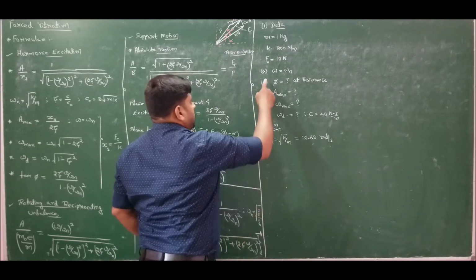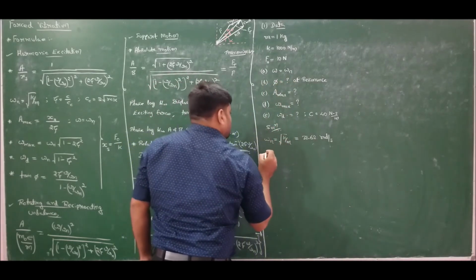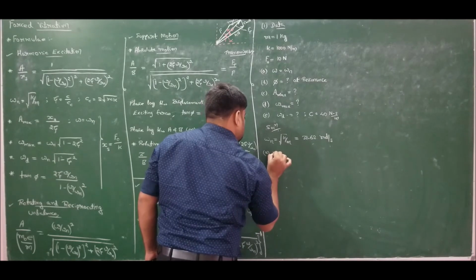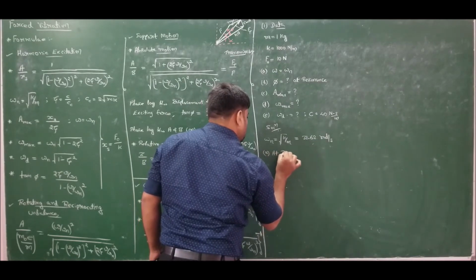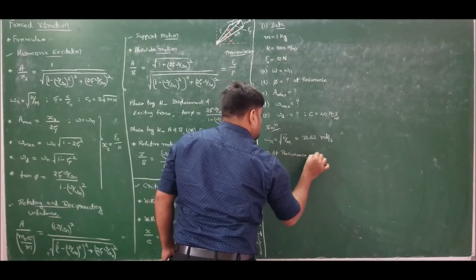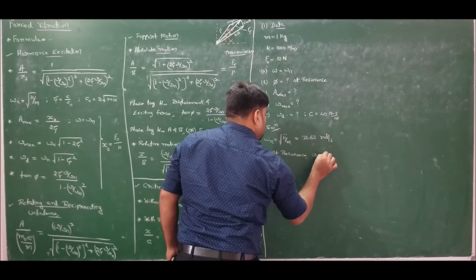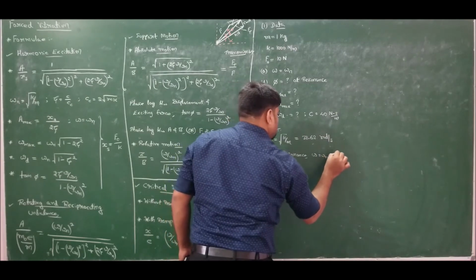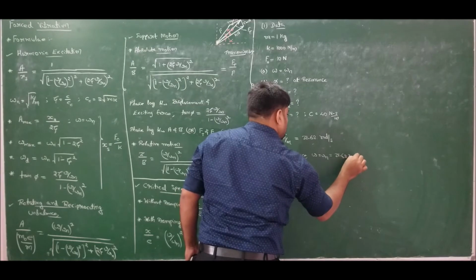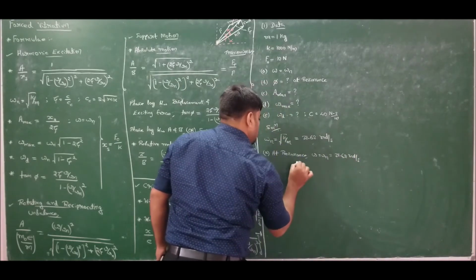Now, very first one, what he has asked is the resonant frequency at resonance. At resonance, omega is equal to omega n, which is equal to 31.62 radians per second.